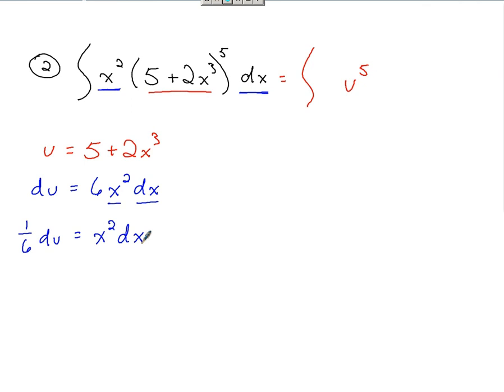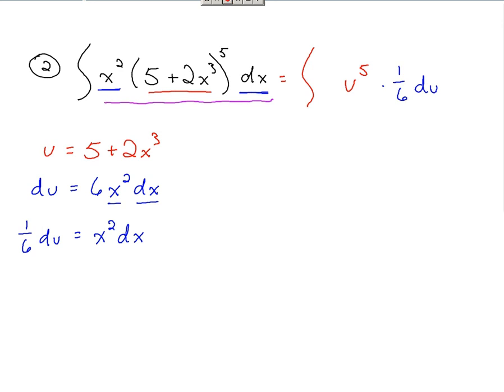And since 1/6 du equals x squared dx, I can now substitute in the 1/6 du over here, since it takes the place of the x squared and the dx. Now all of these original expressions within the original problem have been accounted for. We've set up a new problem to take the antiderivative of that just has one variable throughout.